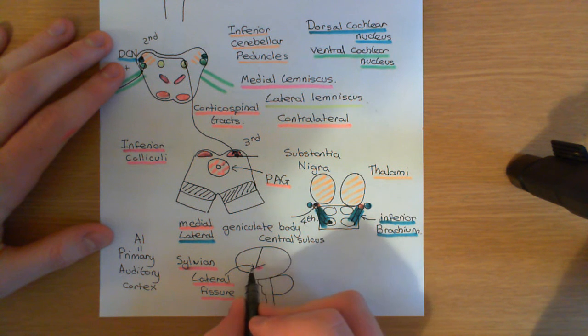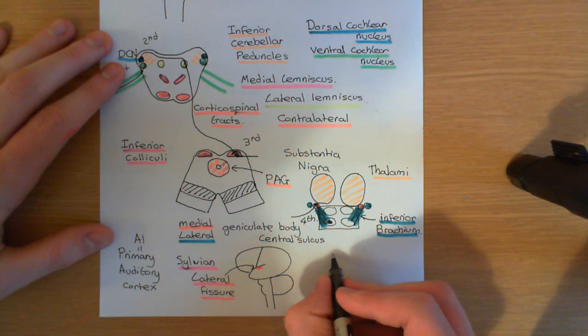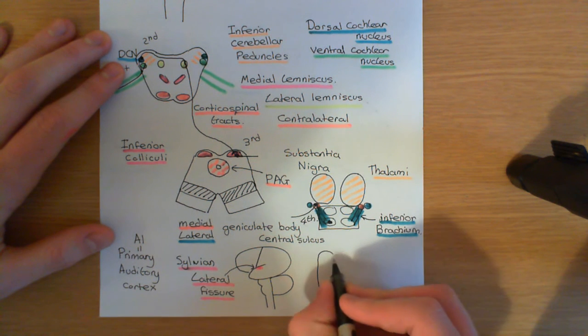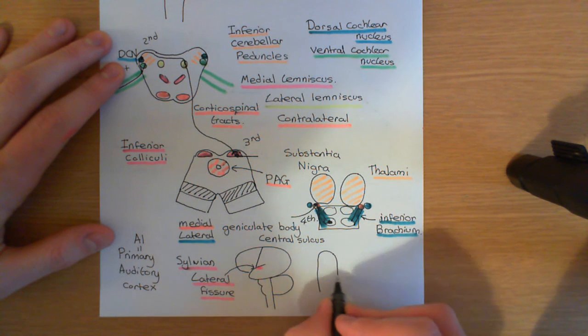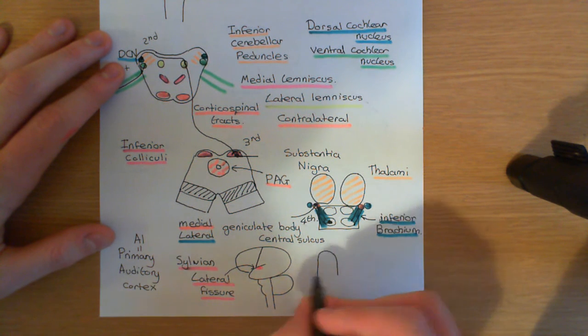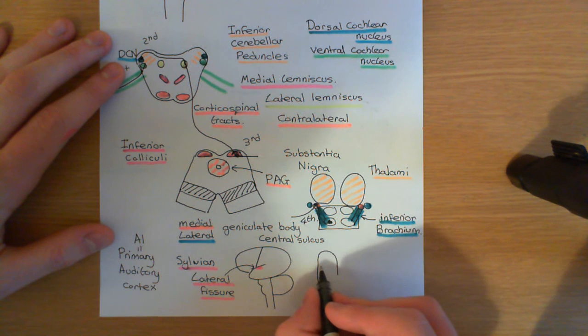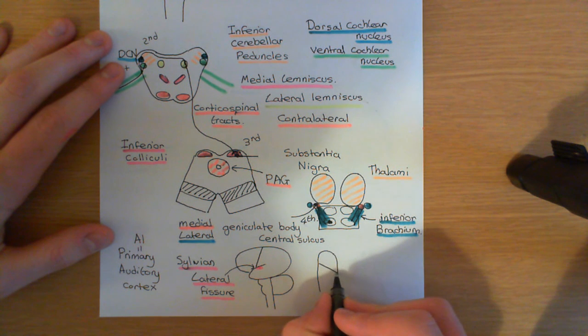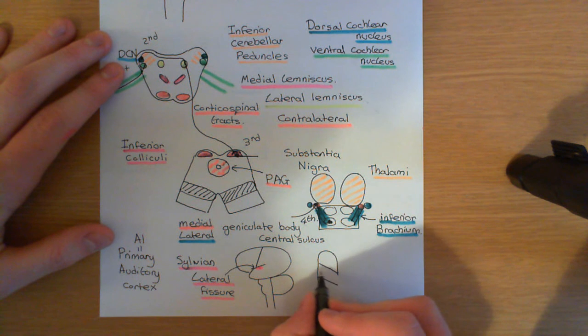Okay, right. So what I want to do is now draw you a picture of the temporal lobe viewed as though we're a little man standing in the lateral fissure looking down at the top of the temporal lobe. Okay, so here goes. So this is supposed to be the temporal lobe viewed from above if we were sitting in the lateral fissure. Now there are two sulci which mark out a gyrus on the superior surface of the temporal lobe here.